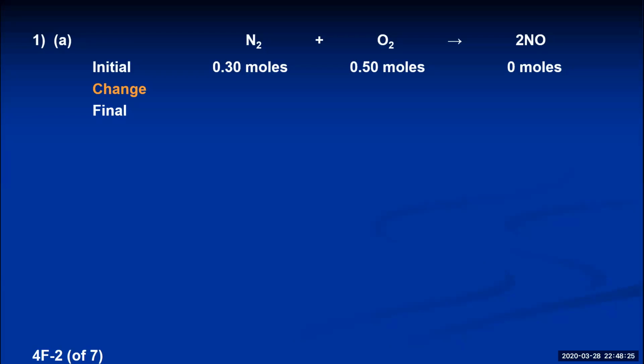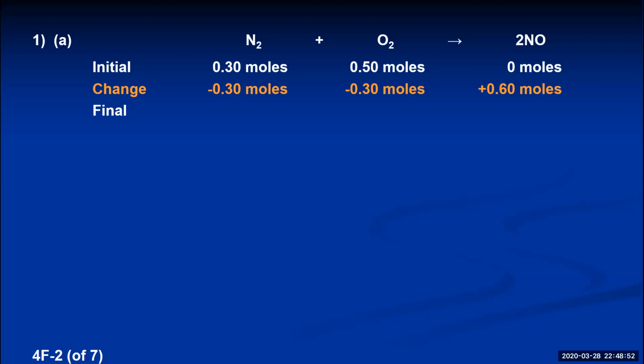This is a limiting reactant problem, and in this case, the nitrogen moles will completely react away because they're reacting in a 1-to-1 ratio with oxygen. You're going to react away the exact same number of moles of oxygen, and because the ratio between the nitrogen and the nitrogen monoxide is a 1-to-2 mole ratio, you're going to form double the number of moles of nitrogen, so 0.60 moles of NO in this reaction.